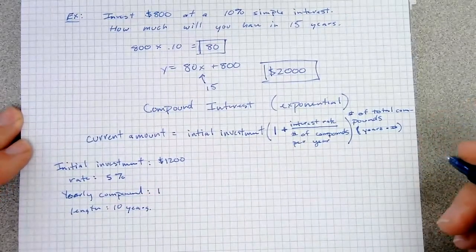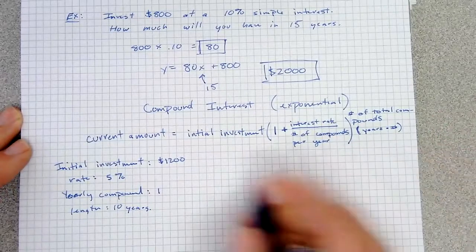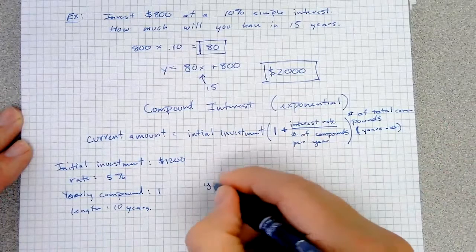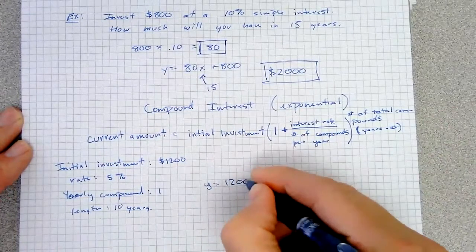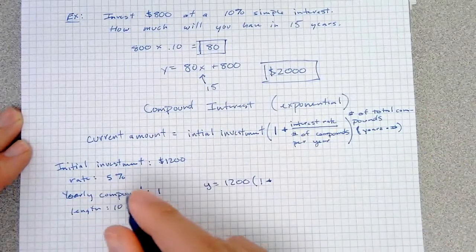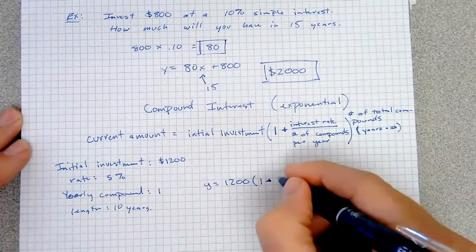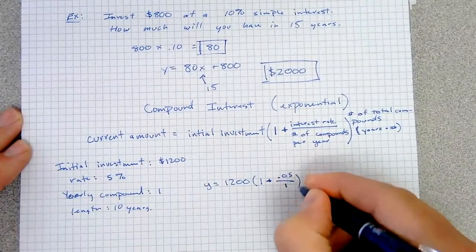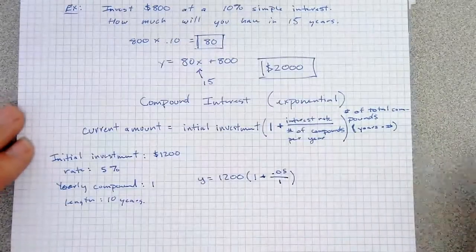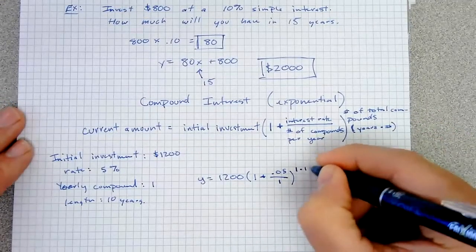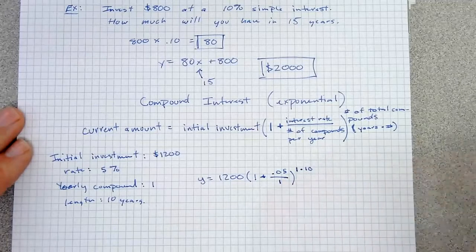All right, so you need all this stuff. If we want to find out how much we'll have after 10 years, y equals our initial investment of 1,200 times 1 plus our interest rate, 5%, written as a decimal, 0.05. Really, we're dividing by 1. You don't need to write that, but you can. Number of compounds per year is 1, and we're doing that for 10 years. Again, you don't need the ones.